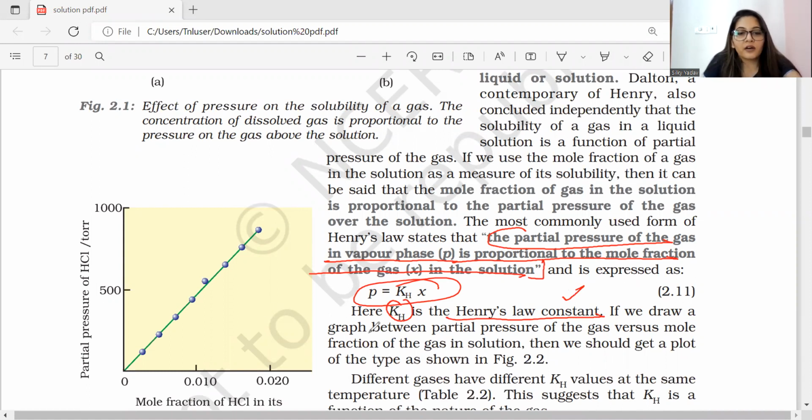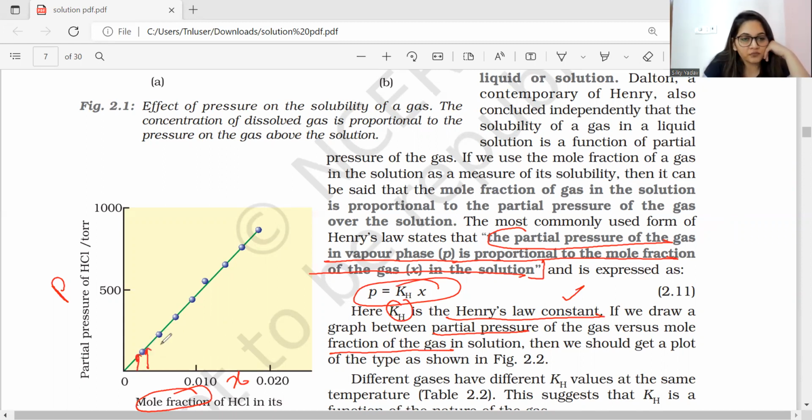So if we draw a graph between the partial pressure of the gas versus the mole fraction of the gas, we will be plotting a graph between the partial pressure, that is p, and the mole fraction. Now see what is happening.